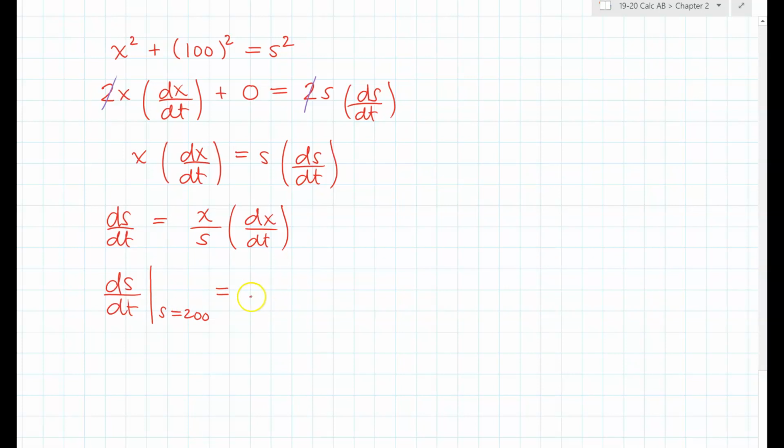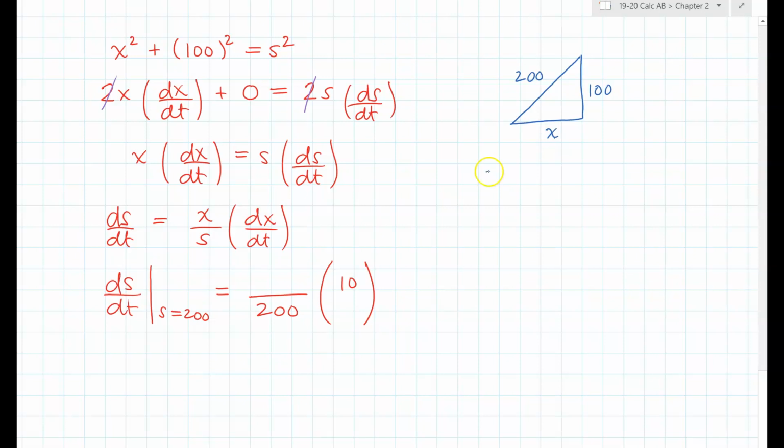So that means S is 200. dx/dt is 10. What's x? Well, here we go. If this is 100 and this is 200, then what's x? So this should be just a Pythagorean theorem problem.